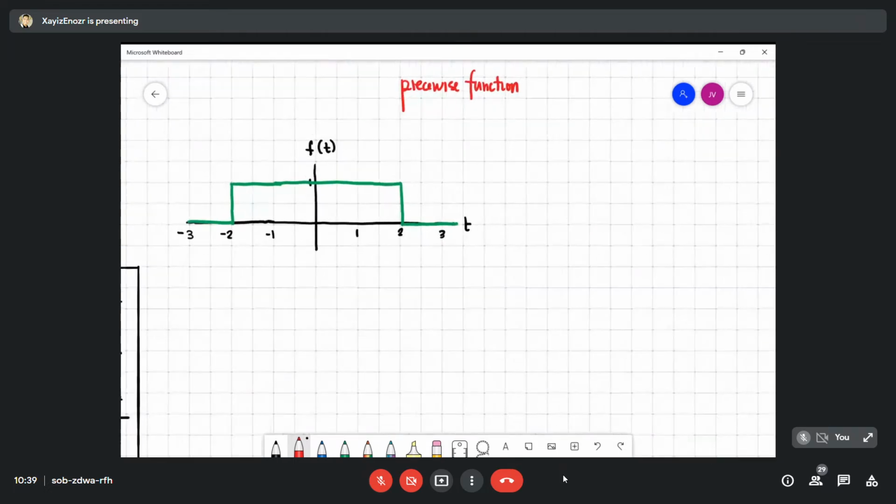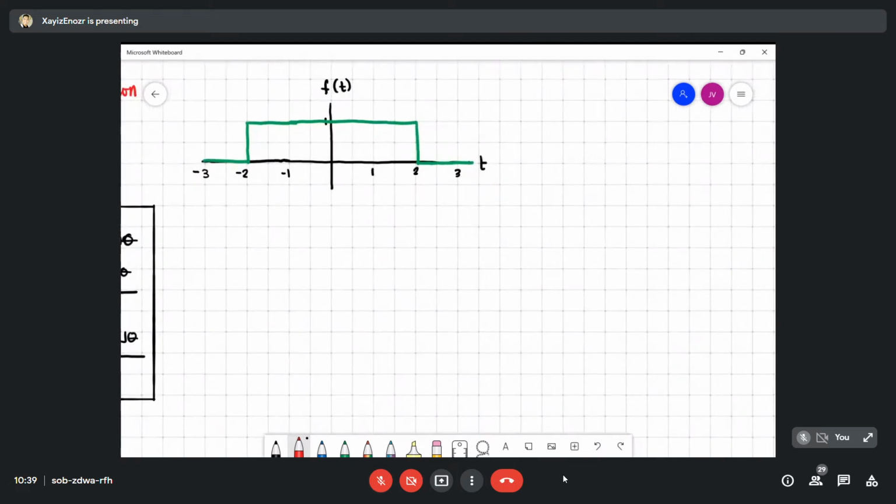So how can we determine yung function na to? So f of t muna. So hanapin muna natin yung f of t.